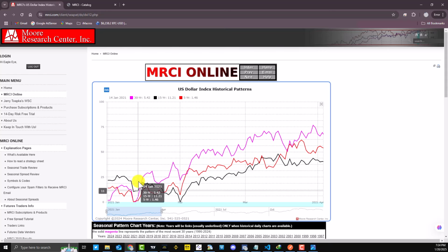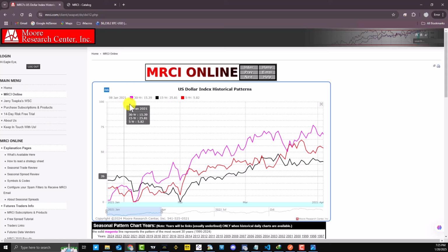According to seasonality, if the pattern tallies or follows the same chart for the seasonal tendency, then we can presume that this coming year too, this 2025, we can have the dollar index be bullish in the month of January.